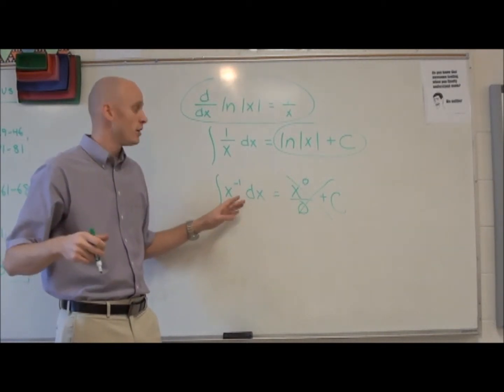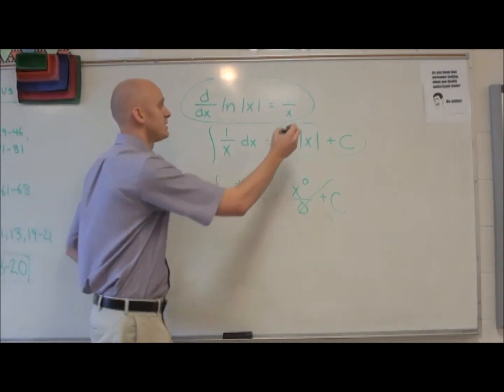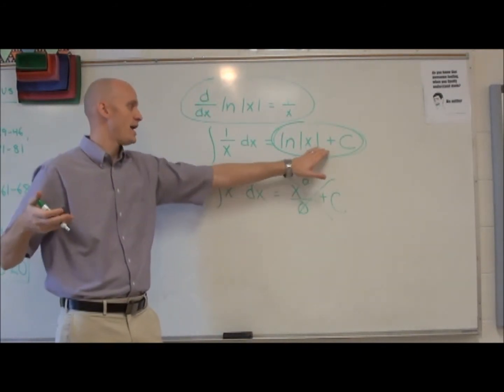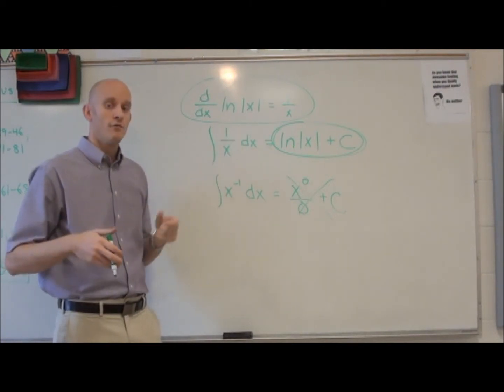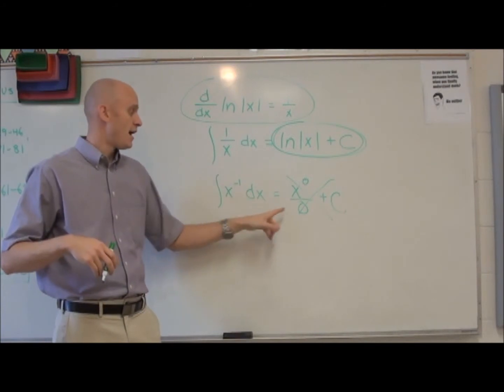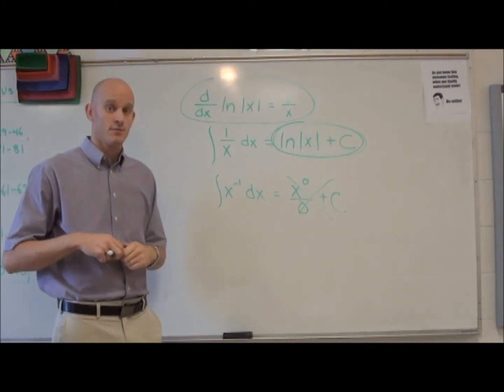This does not work for the antiderivative of 1 over x. This is your antiderivative. And now that we know that, we'll go ahead and start using this value for our antiderivative of 1 over x. This saves our life now, and we will no longer explode when we try to divide by 0.